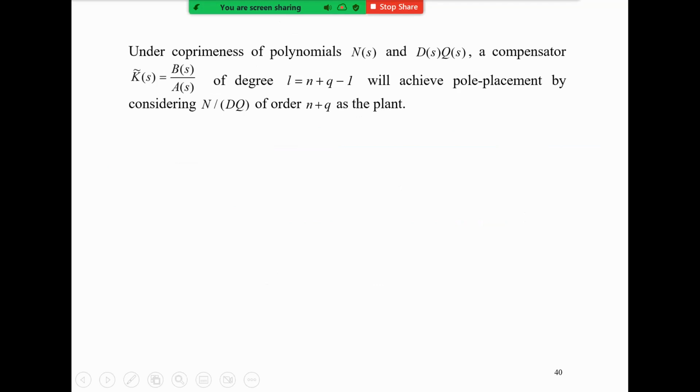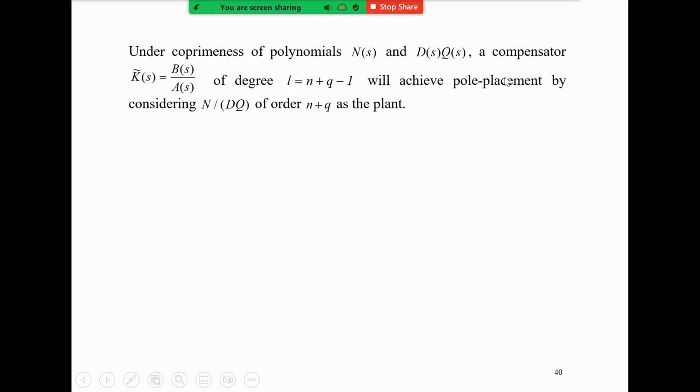Now, under this condition, N and DQ have no common factors. We can always find a solution, a controller. And the degree of this controller will be N plus Q minus 1, because the degree of the generalized plant is N plus Q. Then we can get a solution.